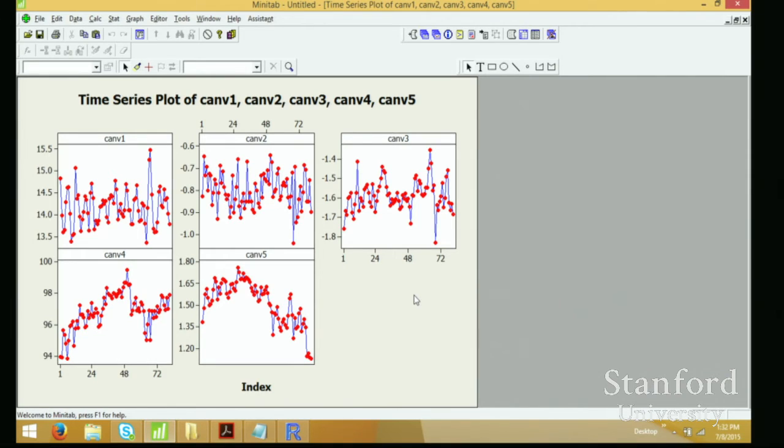Can you see the first 2 series are fairly stationary, right? And the last 2 series are definitely non-stationary. The third series is somewhere in between. Can you see that? So we are going to exploit the fact that we can find linear combinations that are stationary.